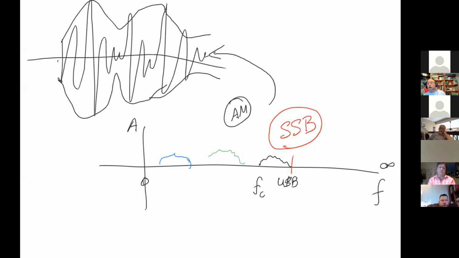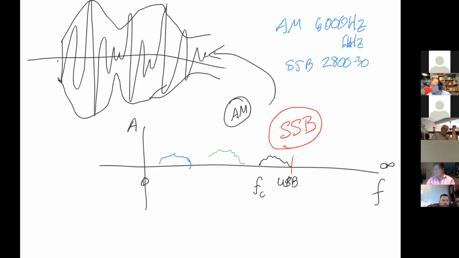They actually would have interfered with each other using AM, but now on single sideband, they don't anymore. So single sideband has a narrower bandwidth than AM. AM fills up about 6,000 hertz or about 6 kilohertz. Single sideband takes up about 2,800 to 3,000 hertz.